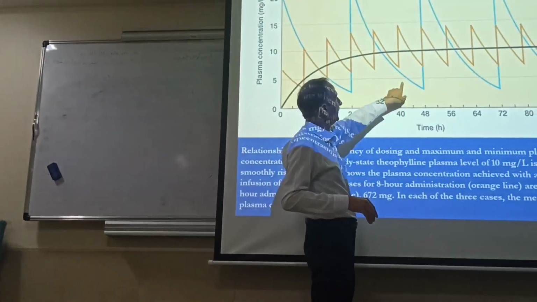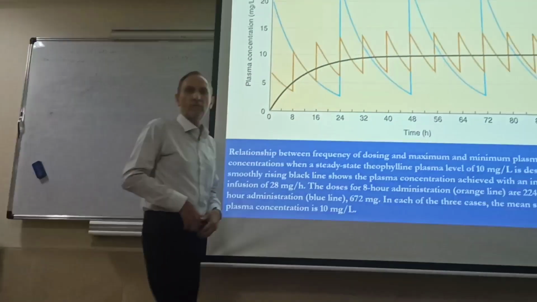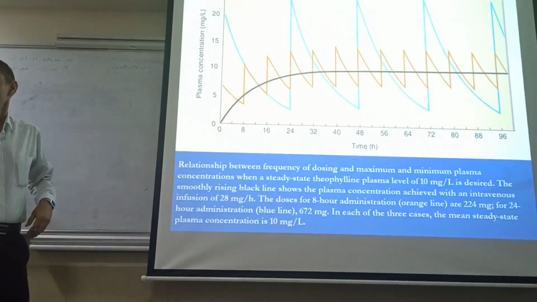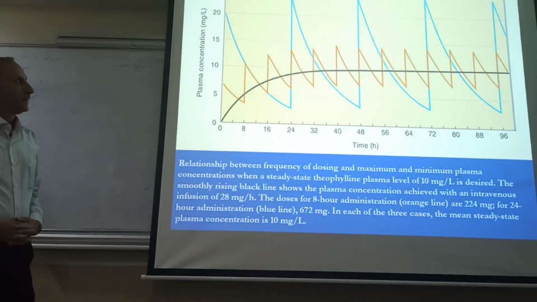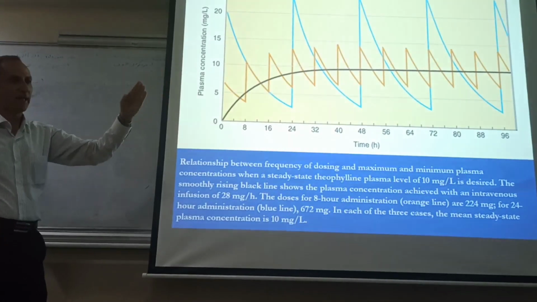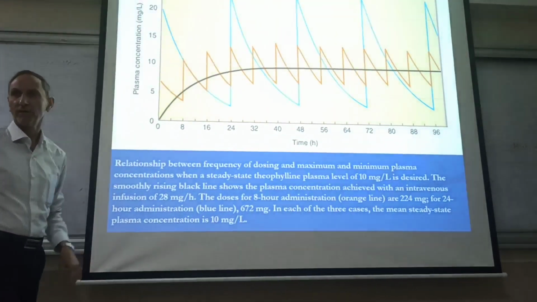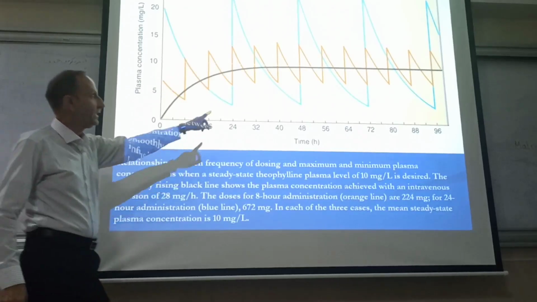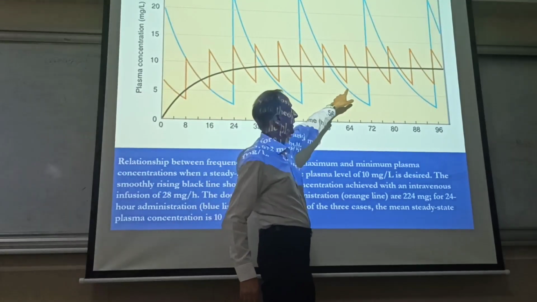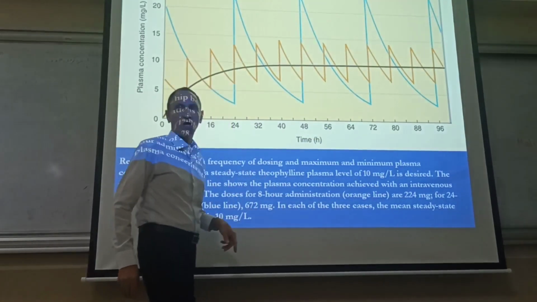What happens after 5 half-lives? We have a steady state. Maximums are very close to each other, and minimums are also close to each other.